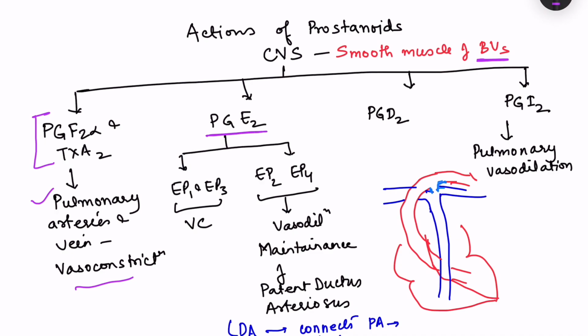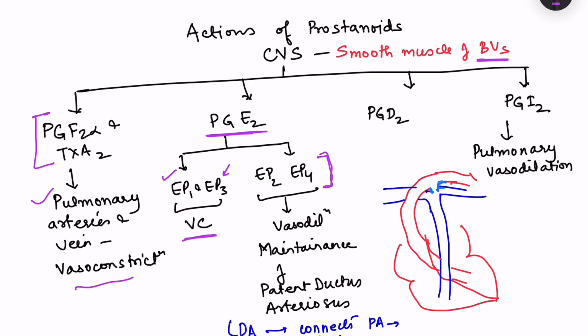Then prostaglandin E2, depending on which receptors it is acting on, will have different action. If it acts on EP1 and EP3, there will be vasoconstriction. Yes, we saw that EP3 basically is inhibitory type, but here when they are stimulated, it causes vasoconstriction. And EP2 and EP4, we saw that they are in the relaxant category.